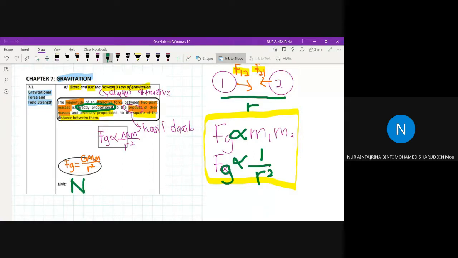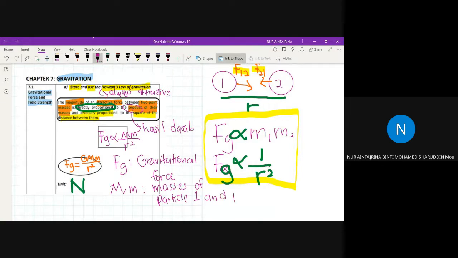Okay. Now, so korang boleh tulis sambil tu Miss akan buat labeling lah. So, Fg is gravitational force. M and also m, big capital M and small m adalah masses of particle 1 and particle 2.